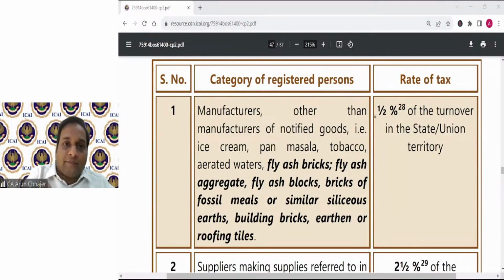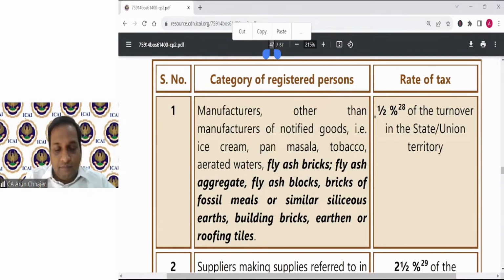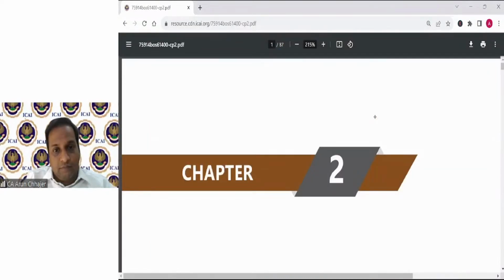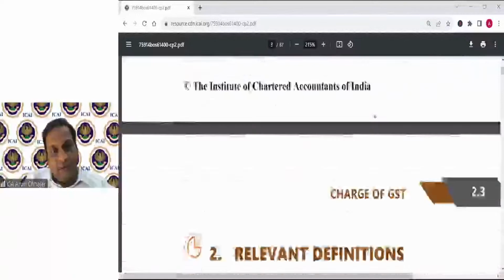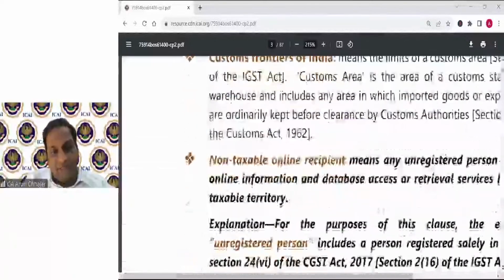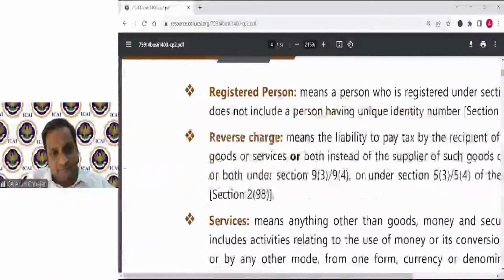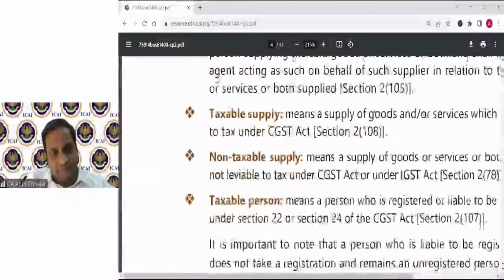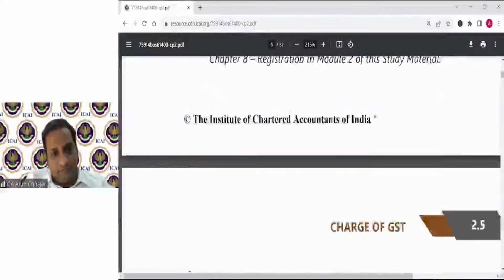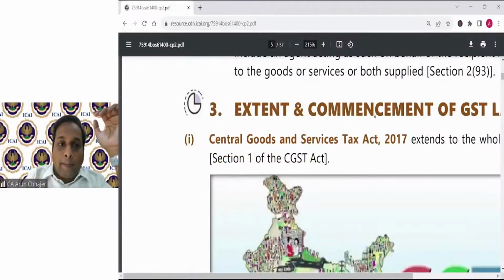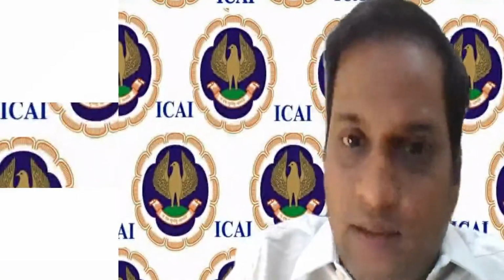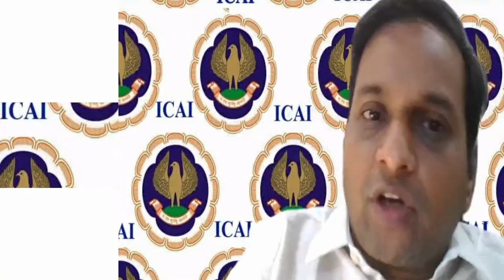Let me go to the definition of turnover in the state or UT. It is similar to the definition of aggregate turnover.